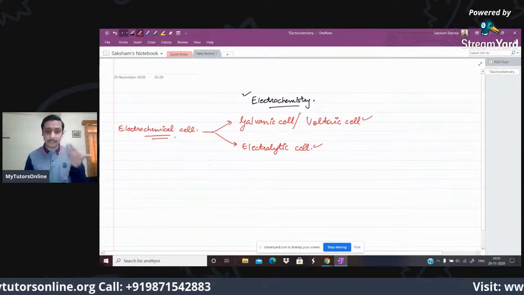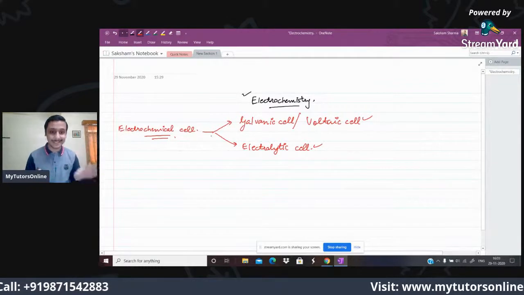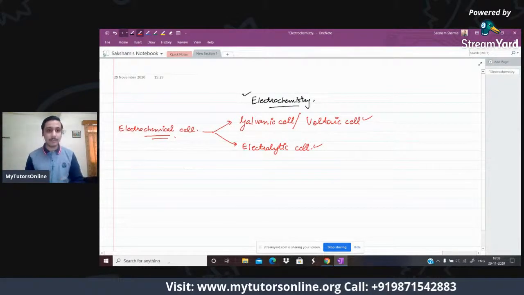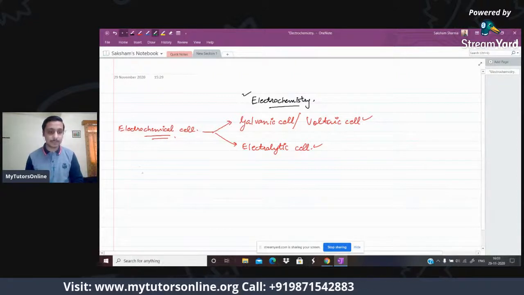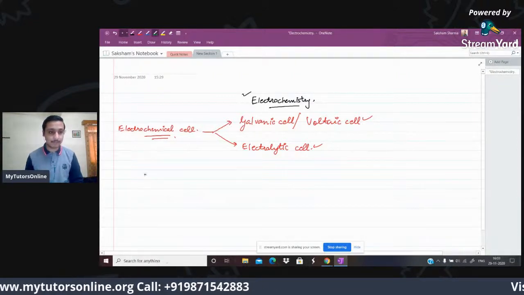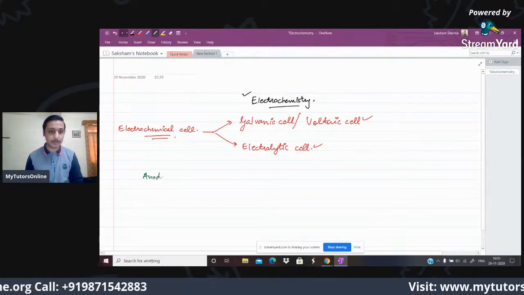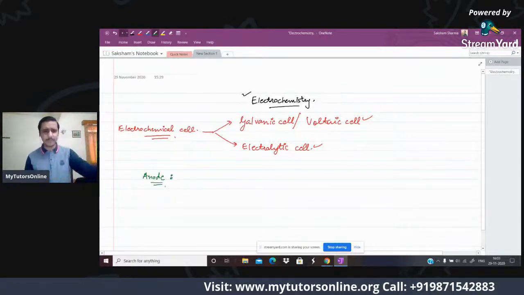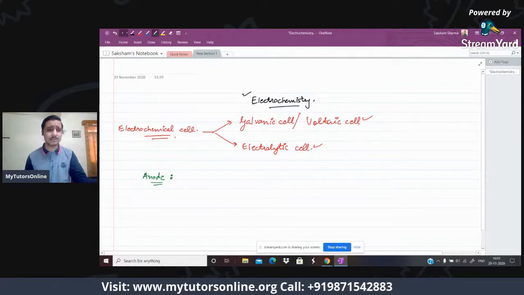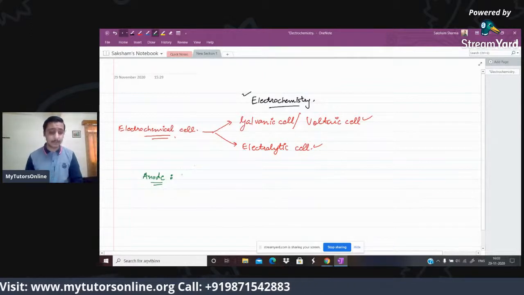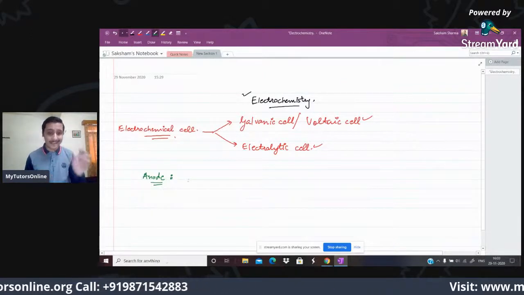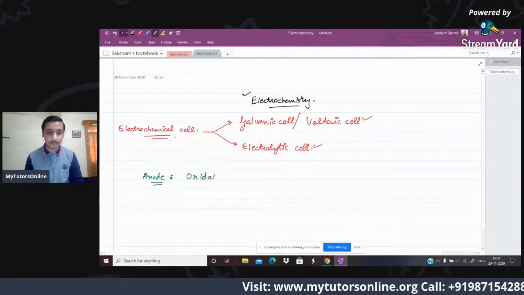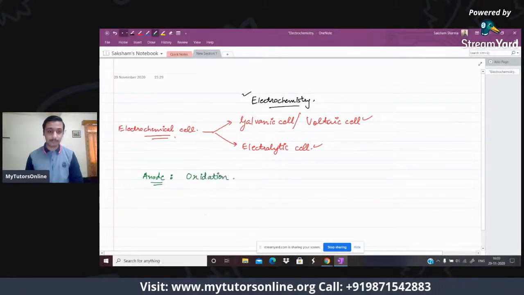Now, before I get into more detail about what exactly is a galvanic and what exactly is an electrolytic cell, one very basic important point of this chapter is, whenever we are talking about anode in electrochemical cells, or whenever we talk about the Nernst equation, or when we move forward in the chapter, you always have to remember that at anode your oxidation always takes place. Correct?